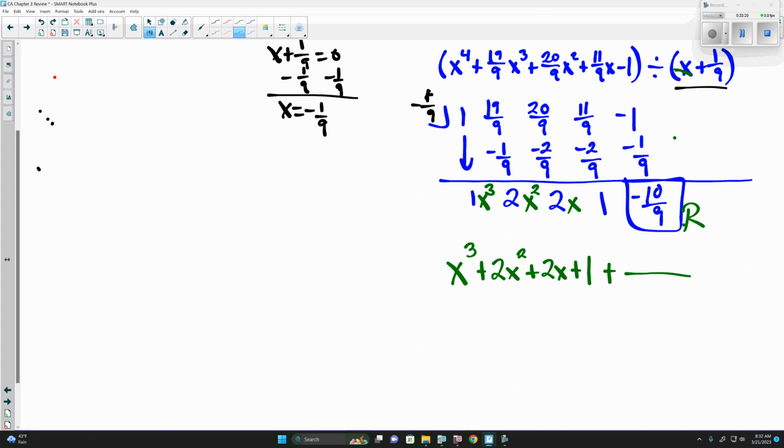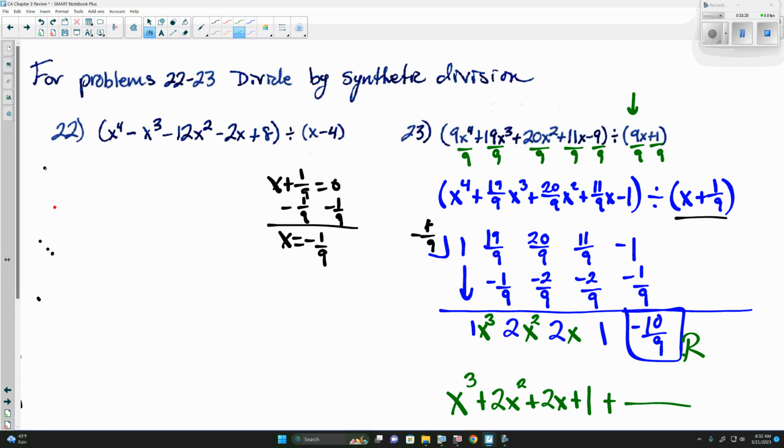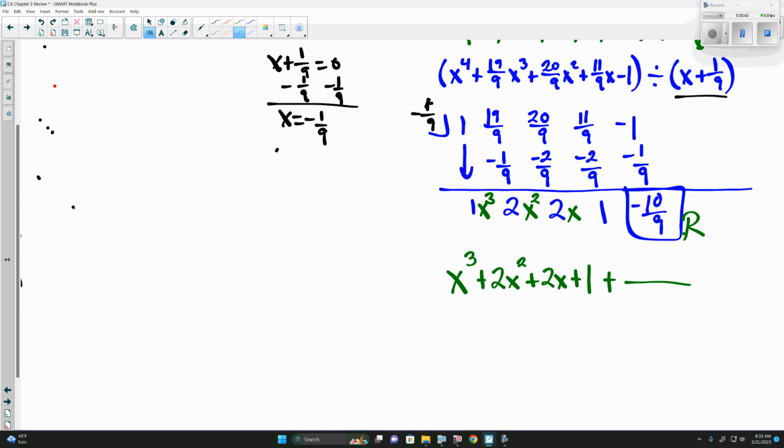Now, going from here to here, we did what? Divided by 9, yes? But we don't want to leave with this. We want to come back to this here. So the opposite of dividing, we would technically multiply by 9. Because what we'll have as our remainder is 9x plus 1, what we started with.